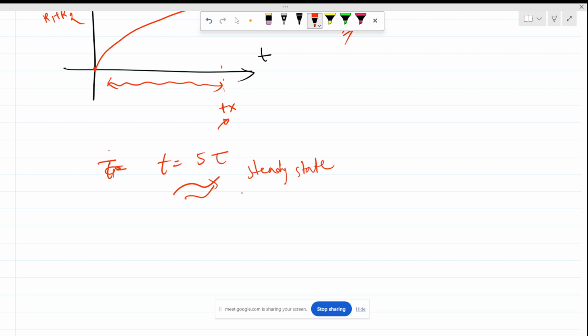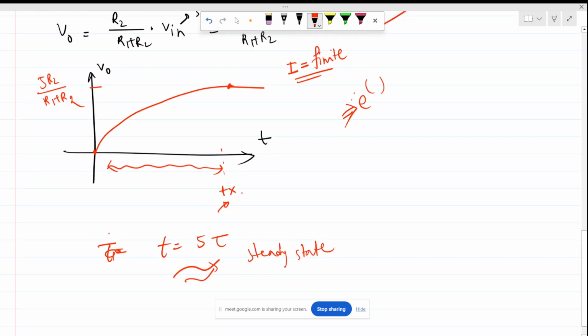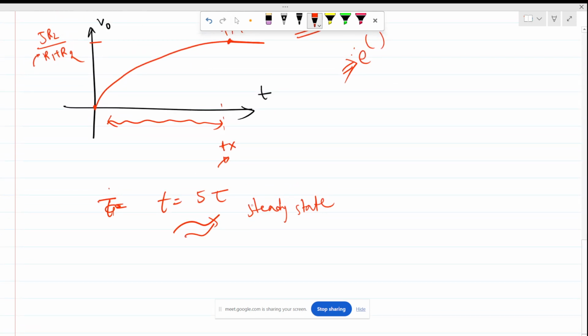It will reach this value at t equals infinity, but infinity is not possible. So it will reach 99.99%. It cannot be 100%, but it has almost reached it. Okay, so now we have to find the time constant in this circuit to find this Tx.